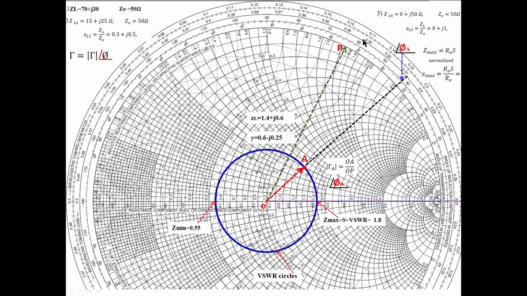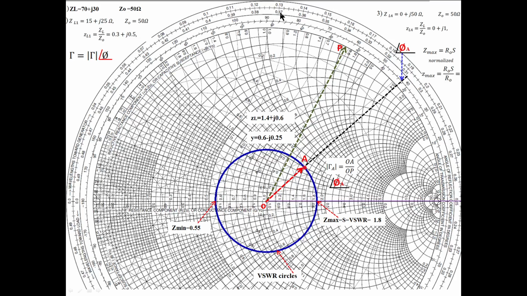Okay, this is a wavelength scale here. This is the wavelength scale towards the generator. Like this, we have to move on this scale and this scale.